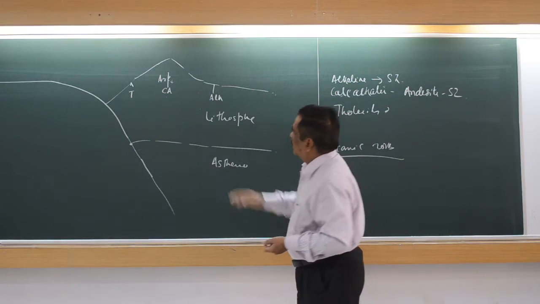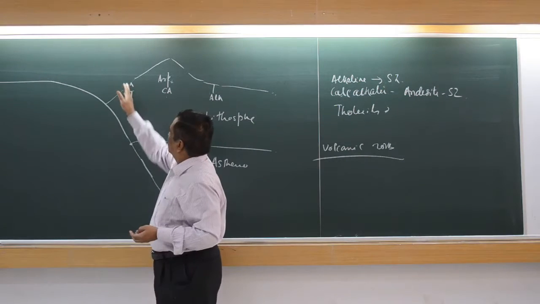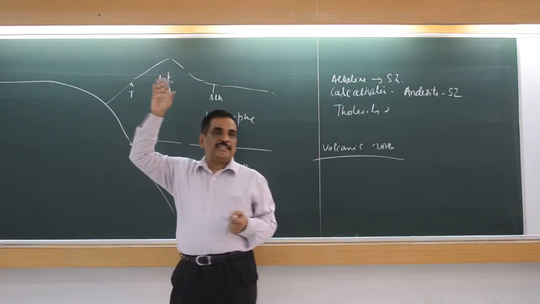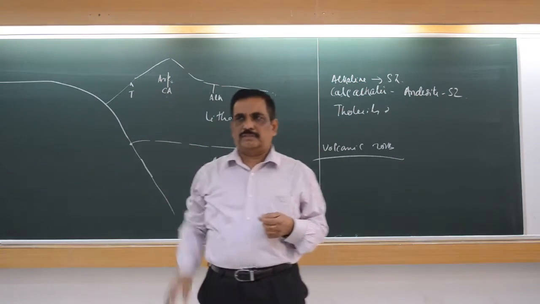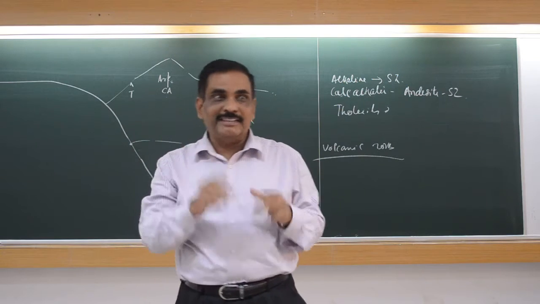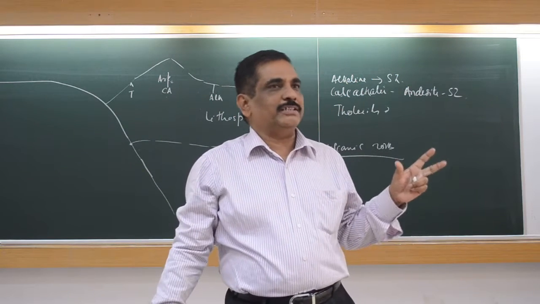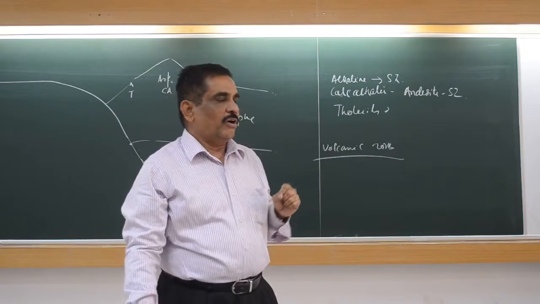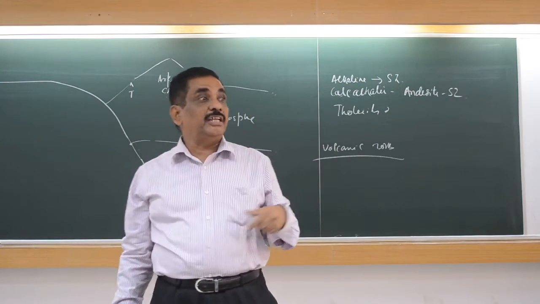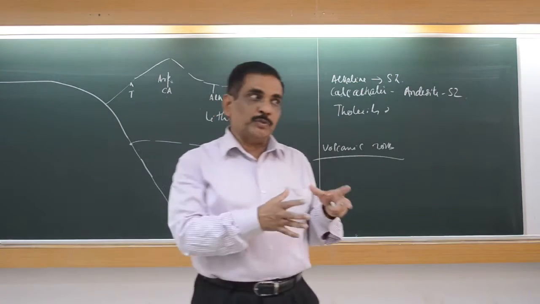Why am I telling this? When these rocks come, volcanic rocks are generally very forceful intrusions. Very forceful. They do not come slowly. Whatever volcanism you are getting, suppose Andaman volcanism or arc volcanism in Chile and the Andes, they are very forceful intrusions.